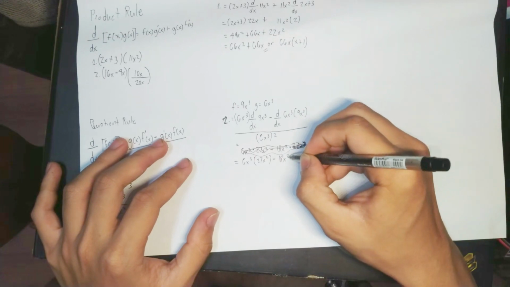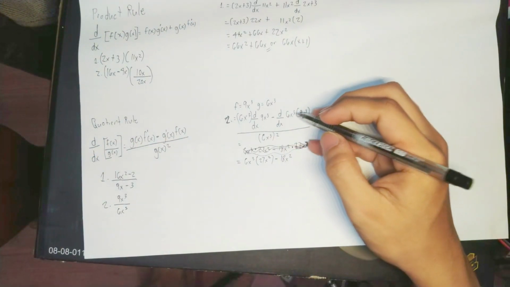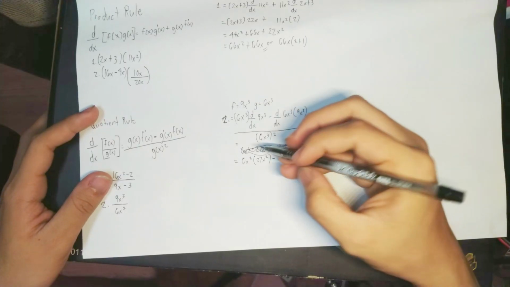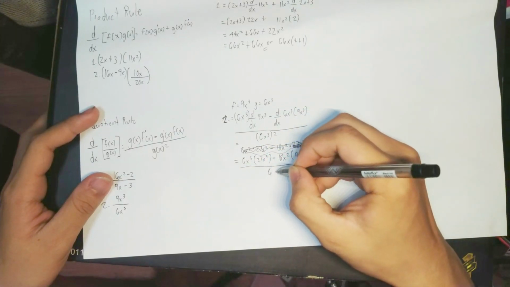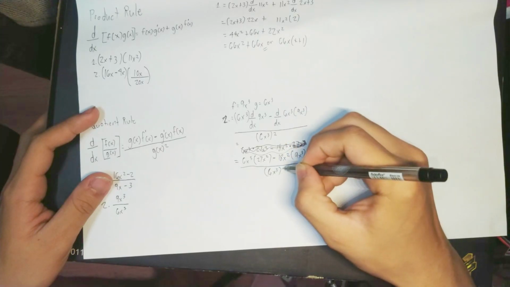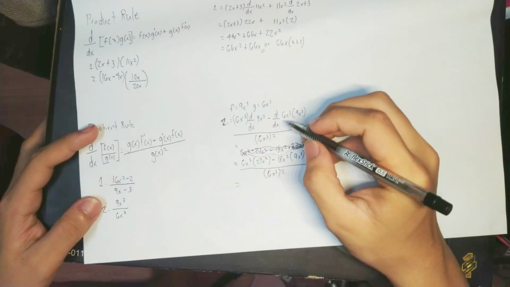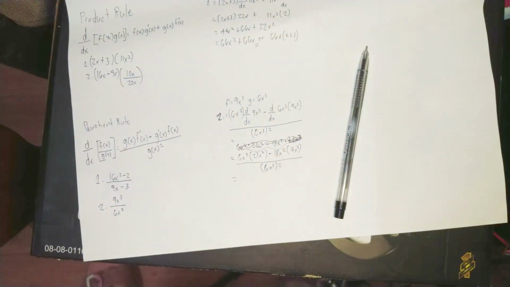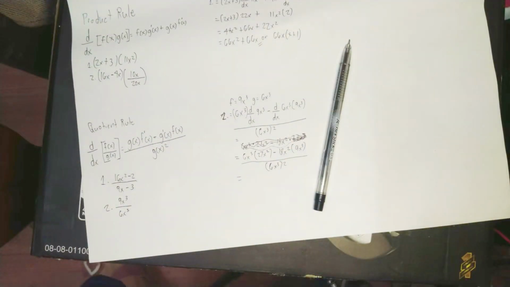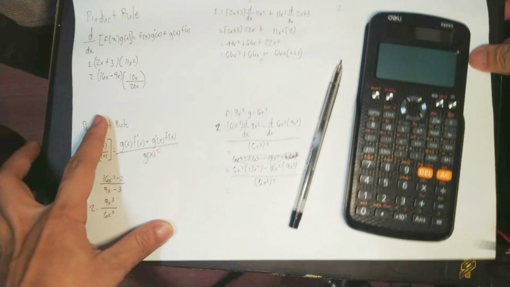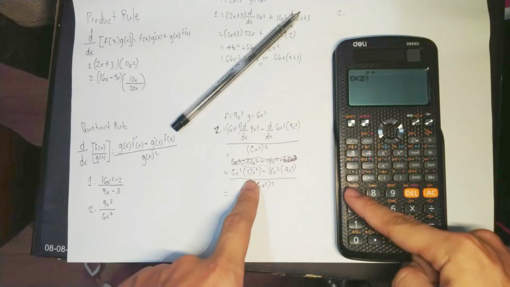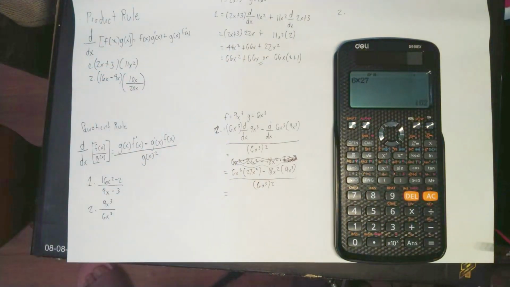Oops, I kind of messed up there. It was 6x cubed times 27x squared minus 18x squared times 9x cubed. And now you just multiply the two terms and you'll get, let me get out a calculator for this one. It's a bit too big of a number.